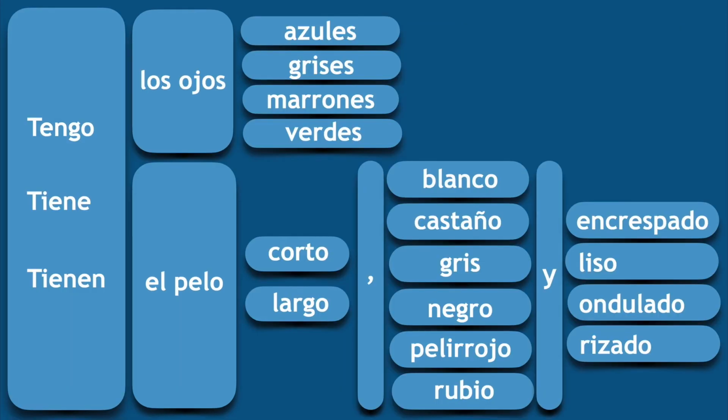Los ojos azules, los ojos grises, los ojos marrones, los ojos verdes. El pelo corto, blanco y encrespado. You can make obviously any combination possible here. Largo, castaño y liso. You can even change the word order. Largo, negro y ondulado.